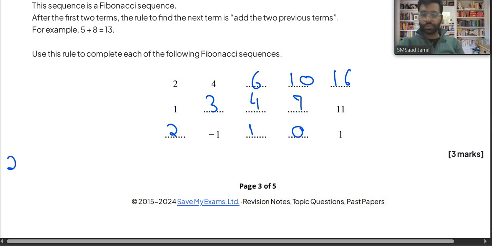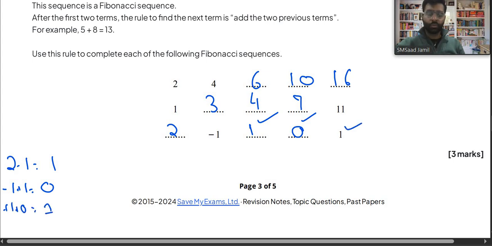For example, 2 minus 1, that's 1, I got 1. -1 plus 1, that's 0, I got 0. And 1 plus 0, that's 1, I also got 1. Same over here, 1 plus 3, 4. 3 plus 4, 7. And 4 plus 7, I got 11. Alright.